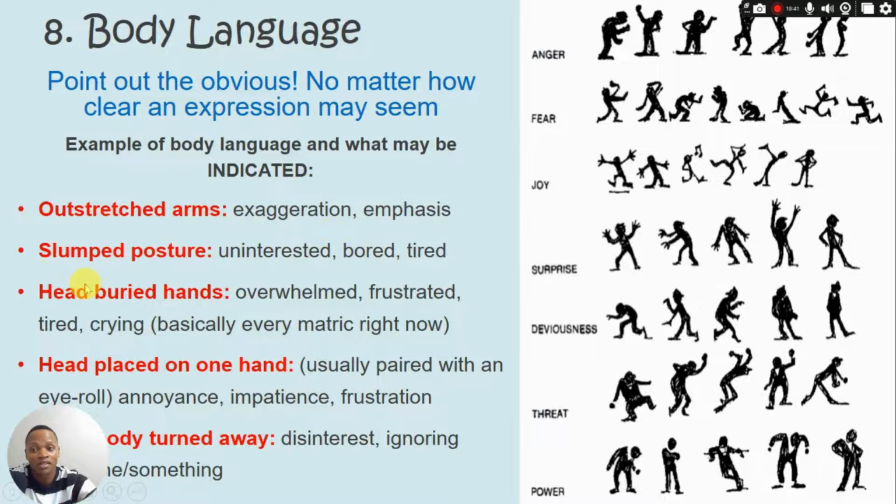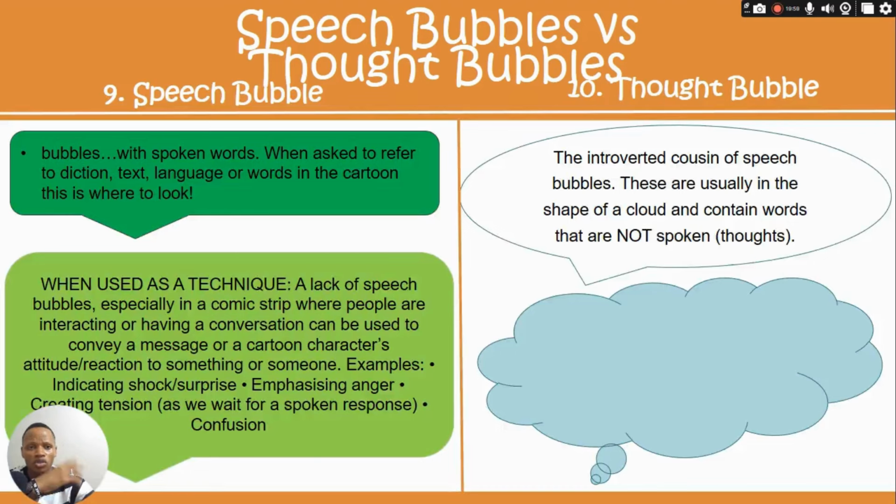An outstretched arm, as you see here, could be an exaggeration or emphasis. A slumped posture shows that somebody is bored or uninterested. Head buried in hands shows overwhelmed or frustrated, and head placed on one hand, usually paired with an eye roll, shows annoyance or impatience. These are all the examples that you need to look for.